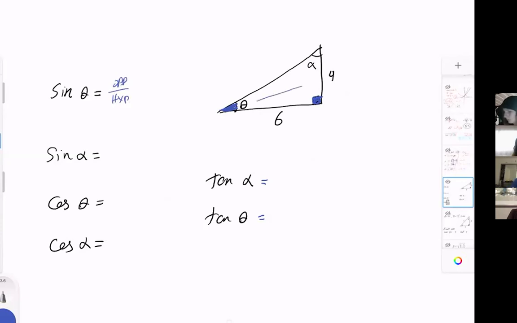So opposite is 4, hypotenuse we don't know. So you need to solve for the hypotenuse first. We use Pythagorean theorem. I'm going to say r squared equal to 6 squared plus 4 squared. This is 36 plus 16 is 52. So r will be radical 52.